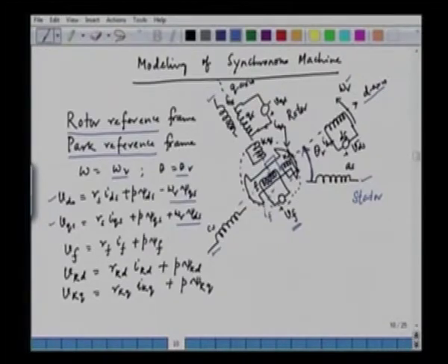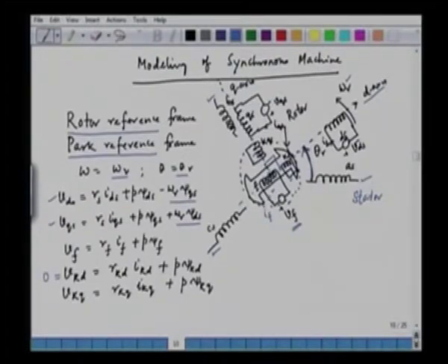This is for the field winding, and for the damper in the D axis we have KD, where K stands for the damper. So, in the D axis we can write VKD is equal to RKD into IKD, the resistance drop, plus P psi KD, the induced EMF. The damper winding is usually shorted, so we can make this equal to 0.